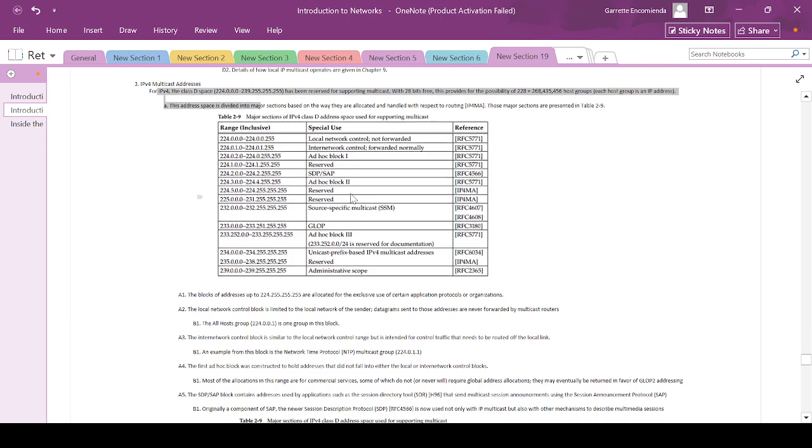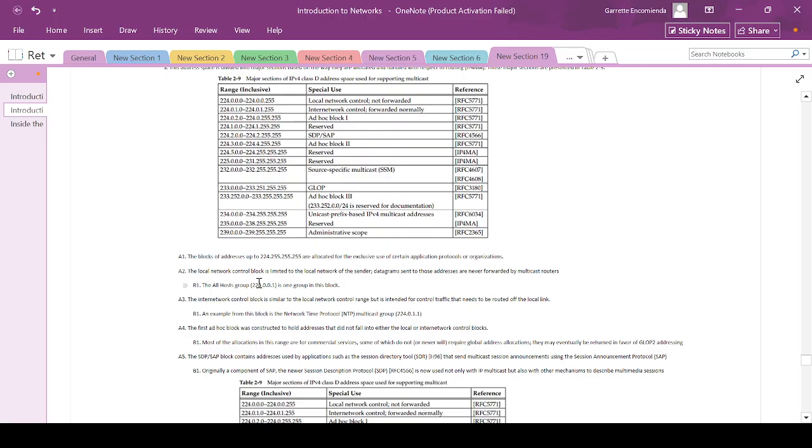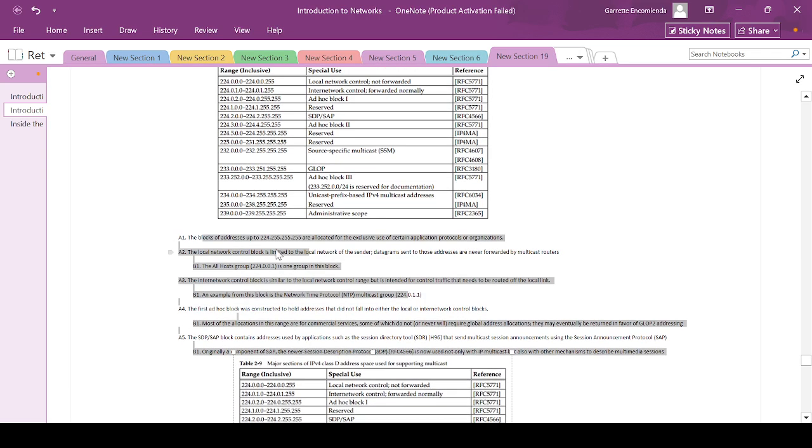So here, local network control is not forwarded, inter-network control is forwarded normally. The blocks of addresses up to 224.255.255.255 are allocated for the exclusive use of certain applications, protocols, or organizations.